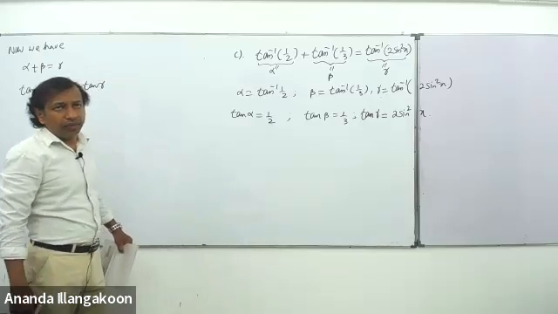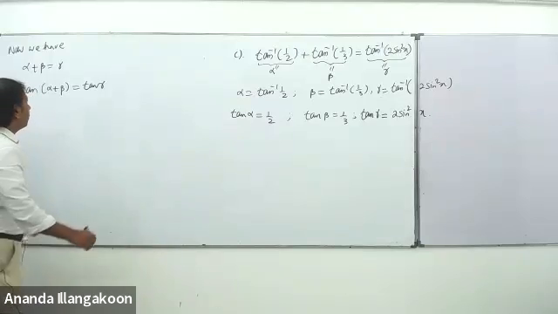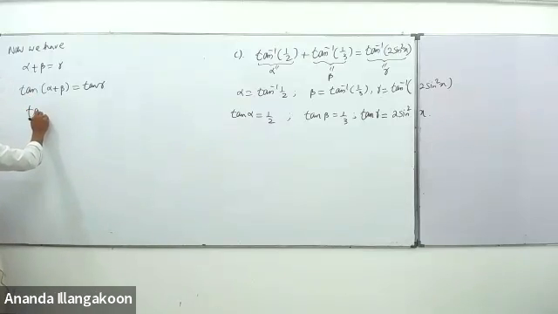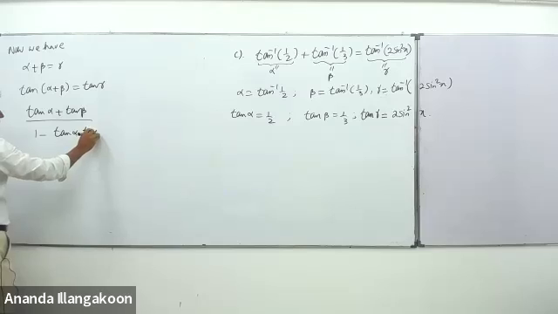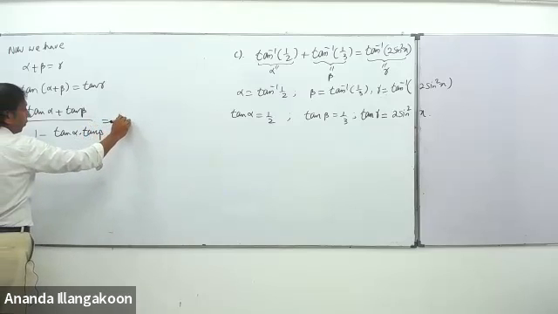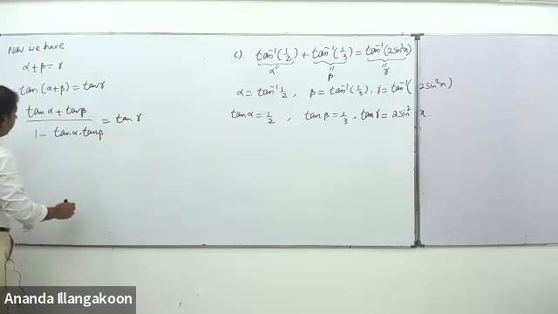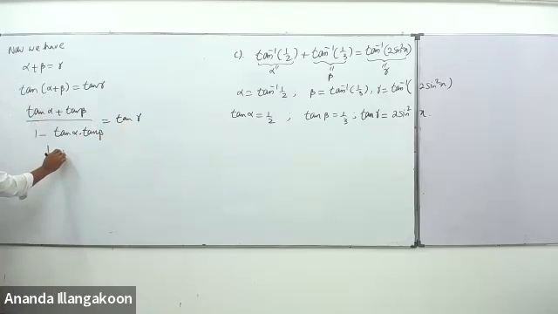Tan A plus tan B divided by 1 minus tan A tan B. Tan alpha plus tan beta divided by 1 minus tan alpha tan beta equals tan gamma. Tan alpha half, tan beta 1/3, 1 minus half into 1/3. Tan gamma, 2 sin squared x.